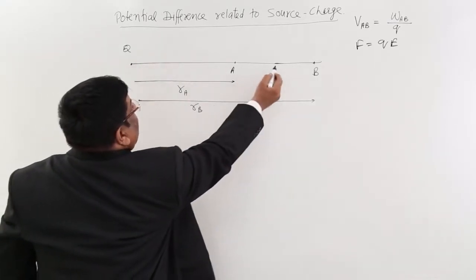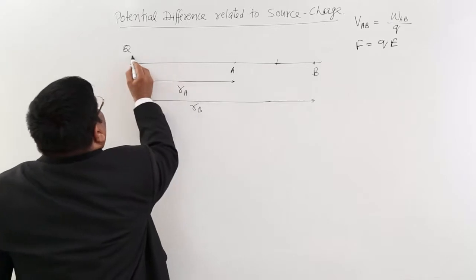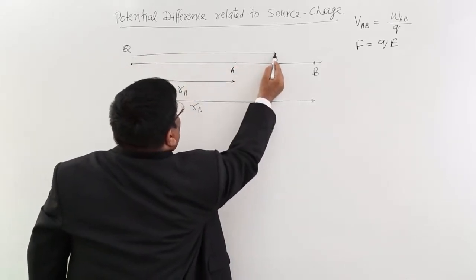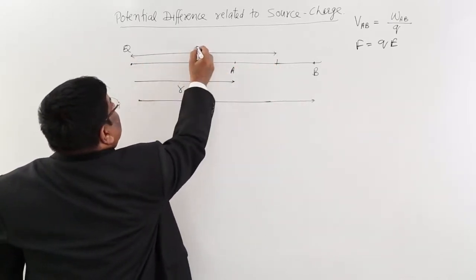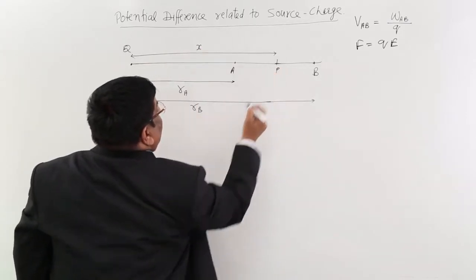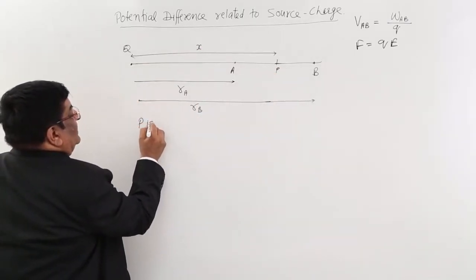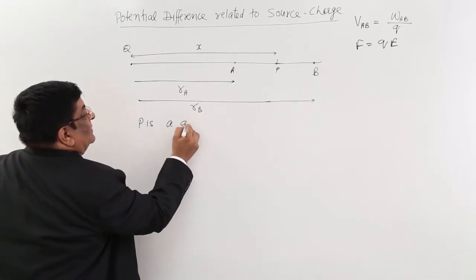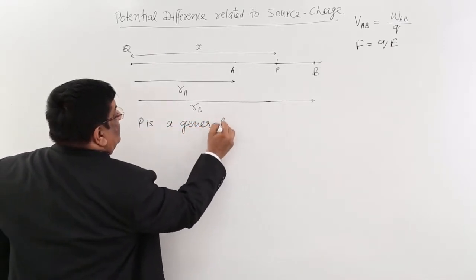From this point, I take any one point, let us say a general point P which has a distance x. P is a general point.